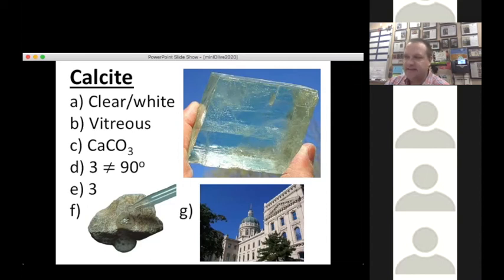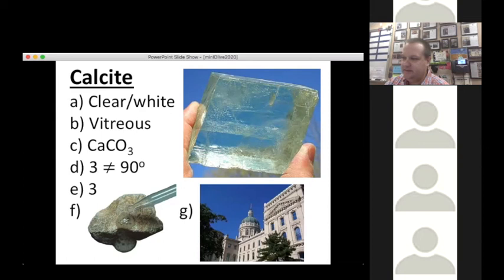So we have calcium carbonate, and all minerals that are calcium carbonate do something special, and it's down in letter F. If you put acid on these minerals, they disappear, they go away, they bubble, they fizz. That's the bubbles you see down below.